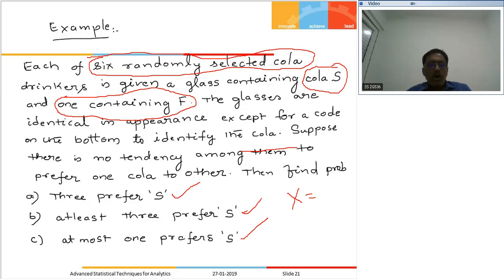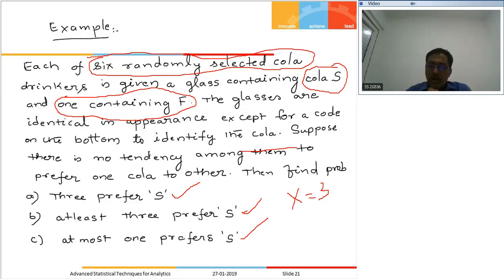Now what we have to find here is the probability that X takes 3, and at least 3, that is, the probability that X is greater than or equal to 3, and similarly at most. Can you think whether this falls under binomial distribution or not?